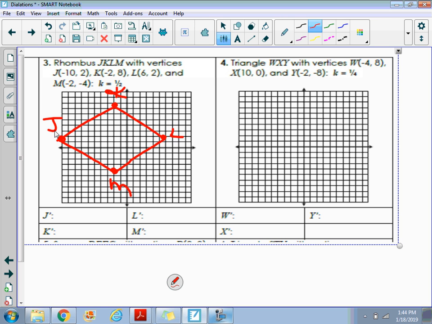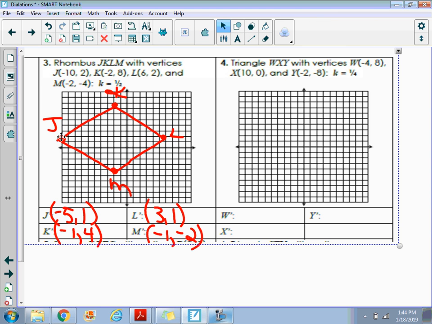So what's J going to become? Negative 5, 1. I have to half everything, so half this and half that. So K prime is going to be? Negative 1, 4. Good. L prime is going to be? 3, 1. And M prime is going to be? Negative 1, negative 2. Yes. Okay.